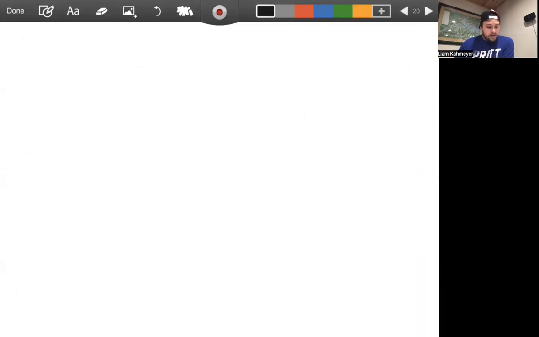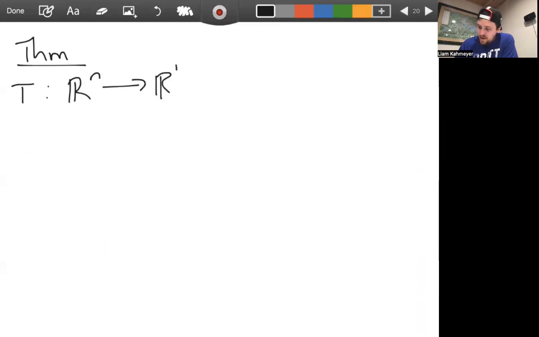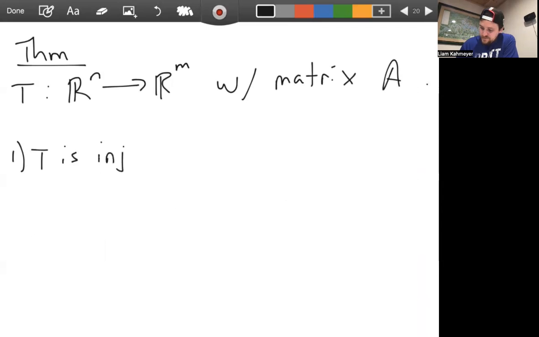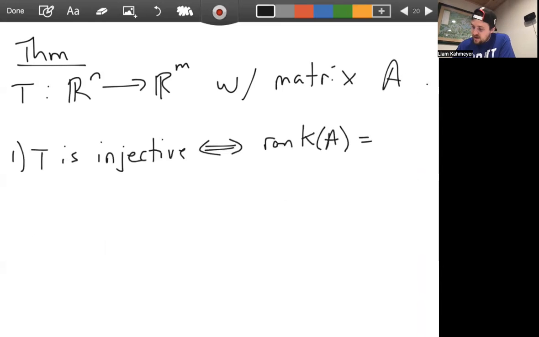All right, here's a theorem that is worth stating here. I won't prove it, but if we have a linear transformation T from Rn to Rm with matrix A, then we have two statements. We have that T is injective if and only if the rank of A is n, which is the dimension of the domain, just to note.